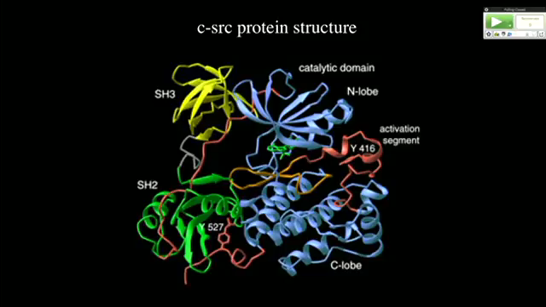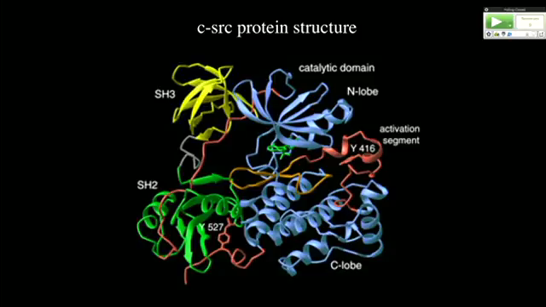It has an SH2 domain, which stands for Src homology domain, which plays an important role in many proteins that are involved in signaling processes, and we'll see how. An SH3 domain, as well as an activation segment.